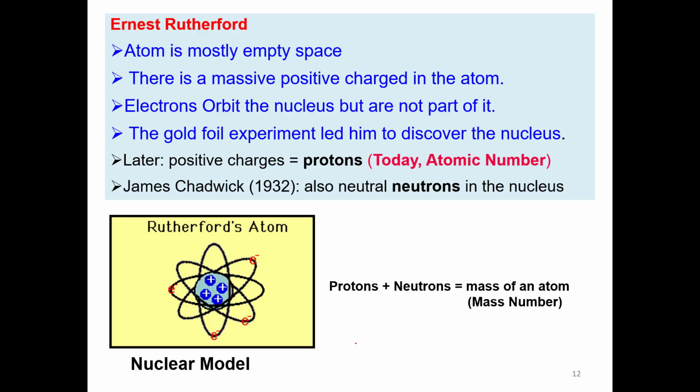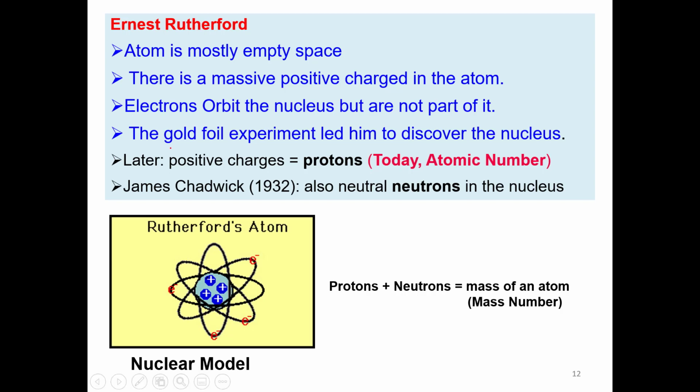Then what was his conclusion after the experiment? First, the atom is mostly empty space. Also, he concluded there is a massive positive charge in the atom. Also, the electrons orbit the nucleus but are not part of it.